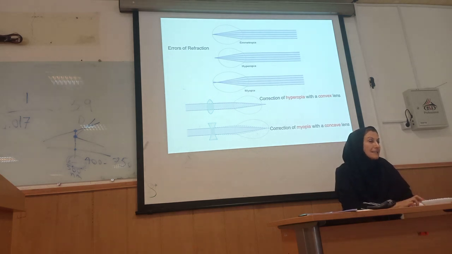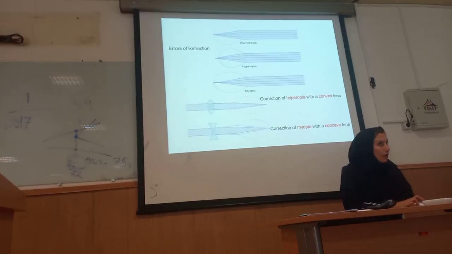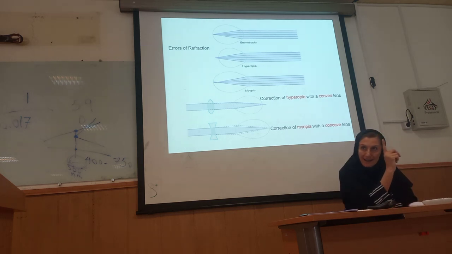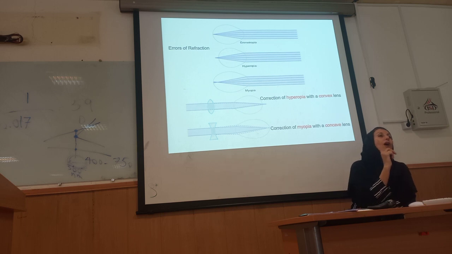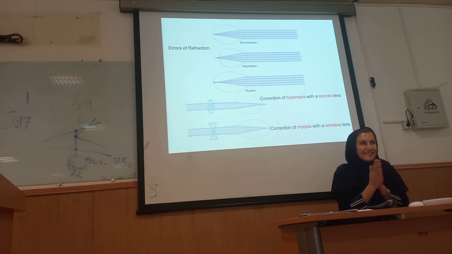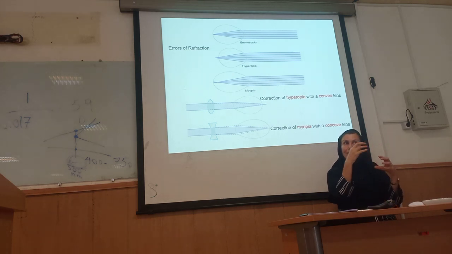I mean, is there some problem in the lens, for example hyperopia or myopia, or in the shape of the eyeball? The eyeball should be round, but they are not round, and they can be a little long or a little short.